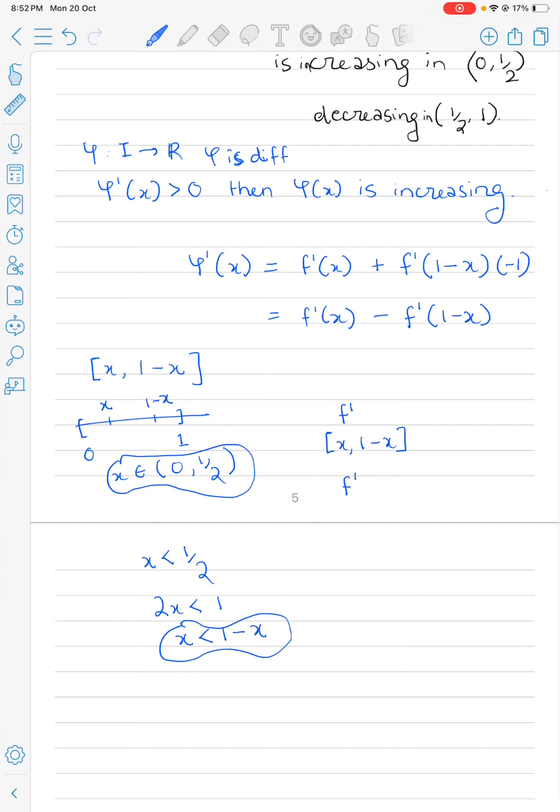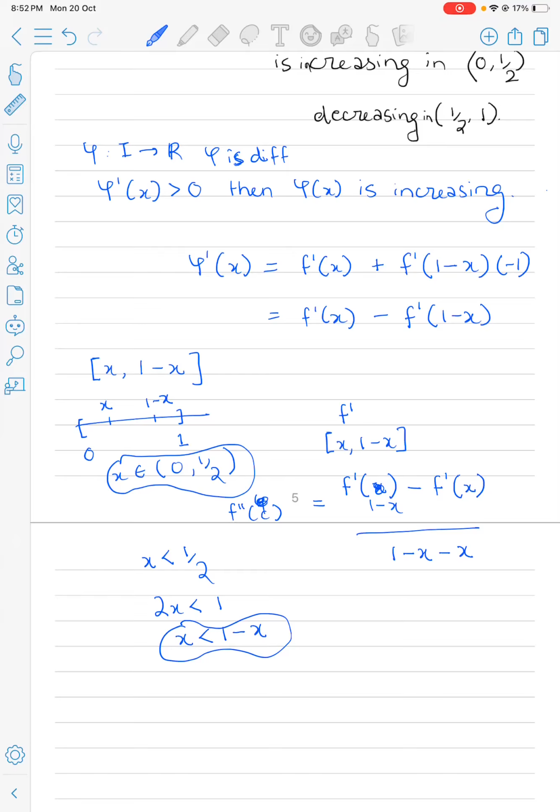So you can use it like this: f dash of 1 minus x minus f dash of x, by 1 minus x minus x, is equal to f double dash c.